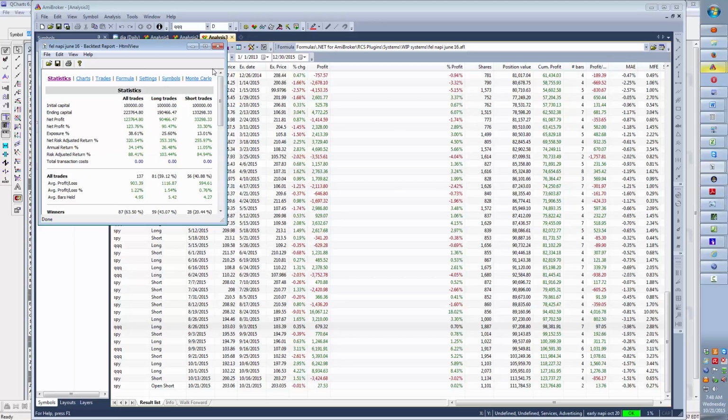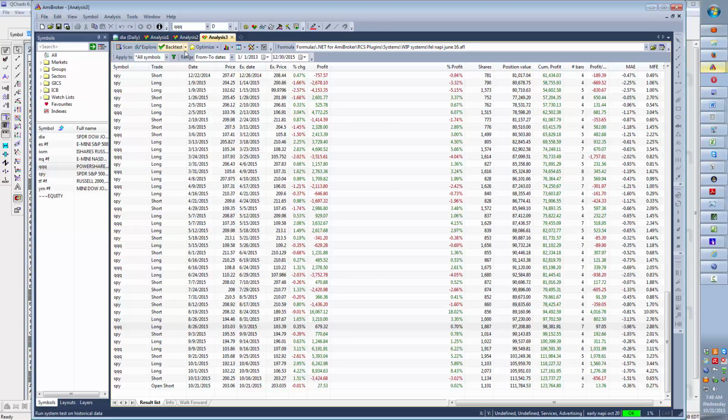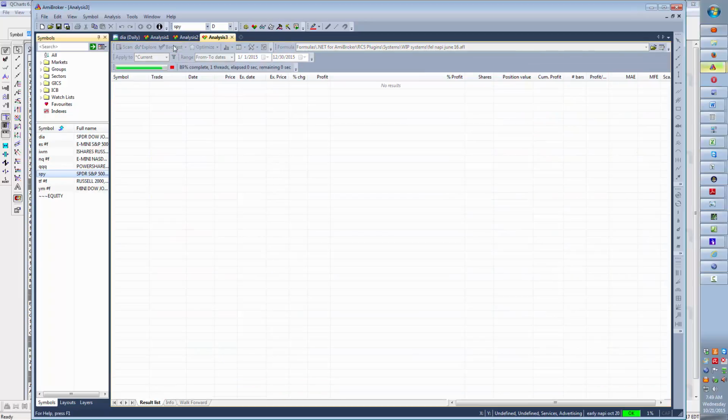So what we're going to do now is try it again with just the last year and looking at just the S&P. And this will be really quick.